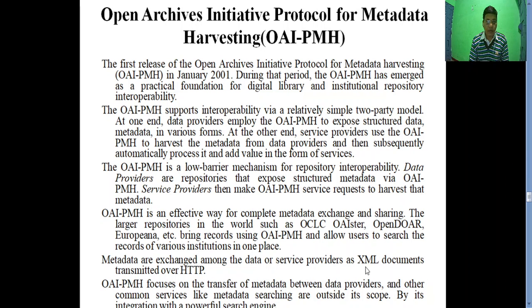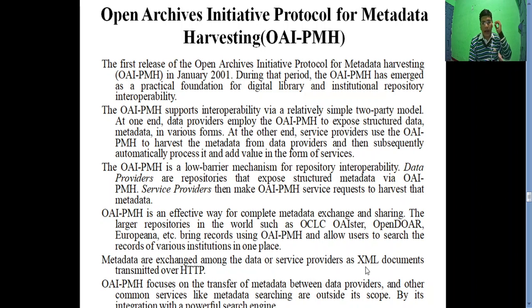The OAI-PMH is a low barrier mechanism for repository interoperability. Data providers are repositories that expose structured metadata via OAI-PMH. Service providers then make OAI-PMH service requests to harvest that metadata.